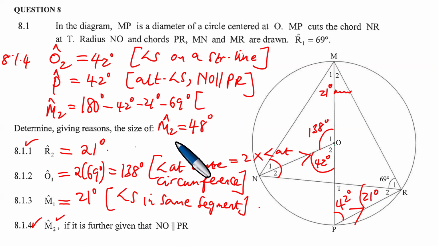But why is it that M2 is 180 minus these 3 angles? It means you have the sum of angles in a triangle. Sum of angles in a triangle.